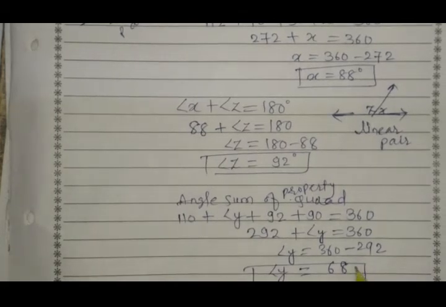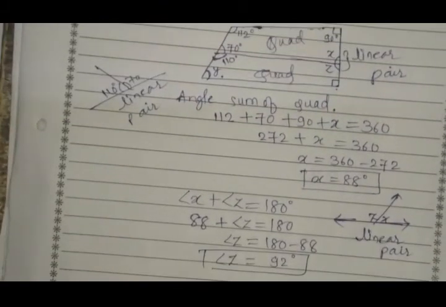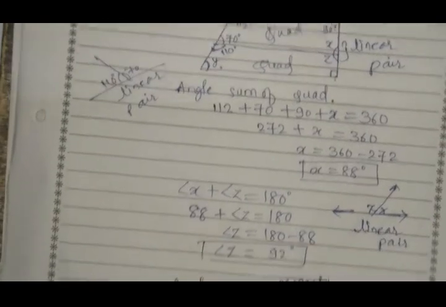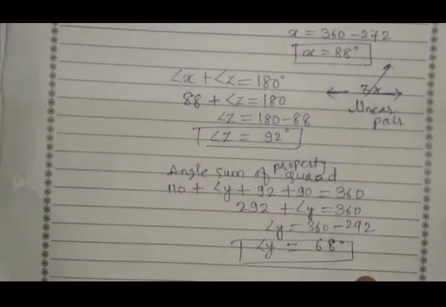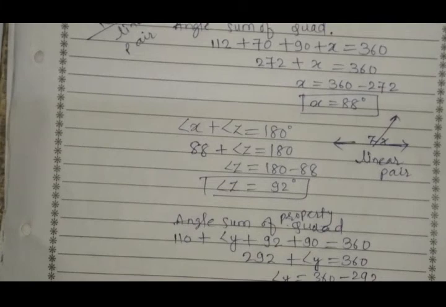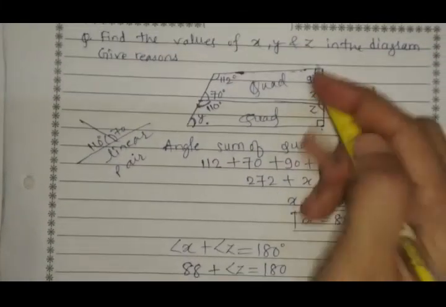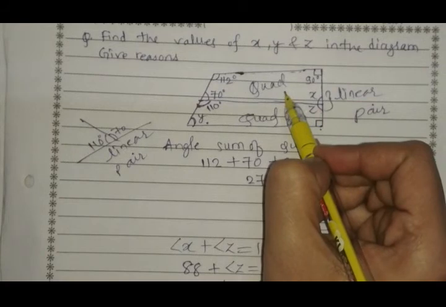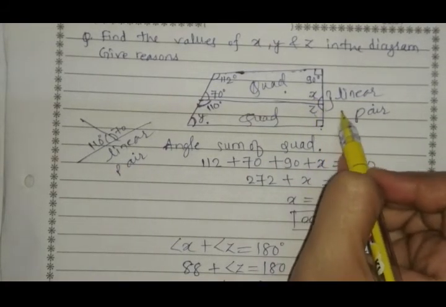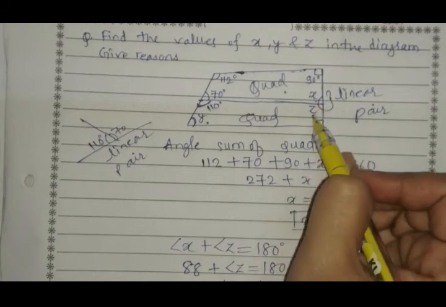So in this way we have got all 3 angles by using the reasons of linear pair and angle sum property of a quadrilateral. Here we first used the quadrilateral angle sum property and found x. Then x and z form a linear pair, so by putting in the value of x we found z.